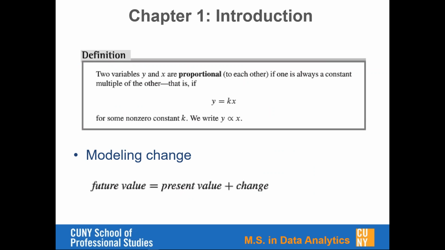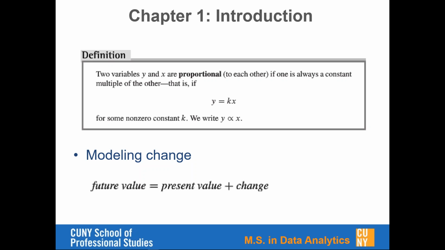And then let's look at this, which is reasonably easy. What is proportion? y equals k times x. Then we say that k is a constant, so that we say that y is proportional to x. This is just the definition of a proportion. And then how can we model change?